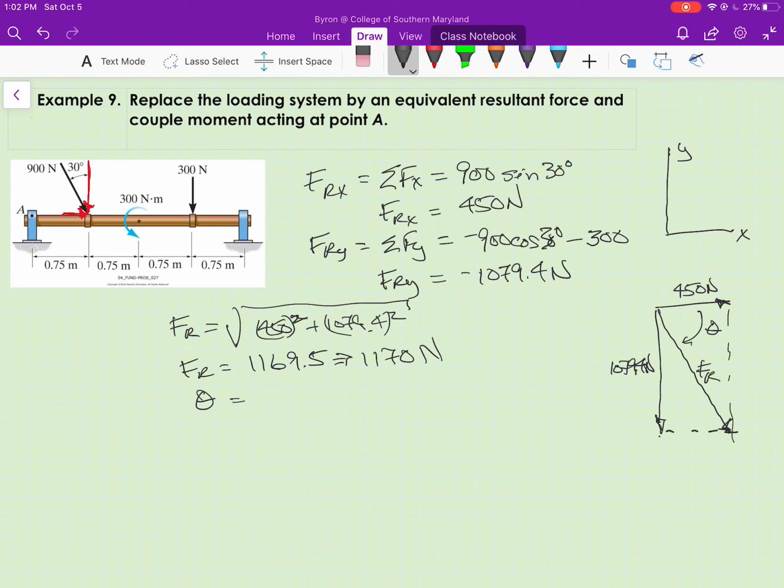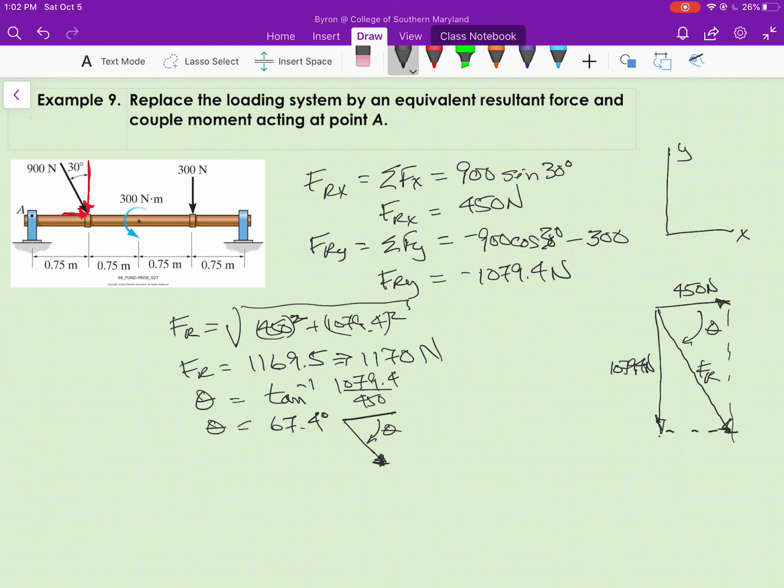The direction of the resultant force is going to be given by theta, which is inverse tan of 1079.4 over 450, or 67.4 degrees. And remember that the force is acting downward and to the right, so theta is measured from the x-axis there.